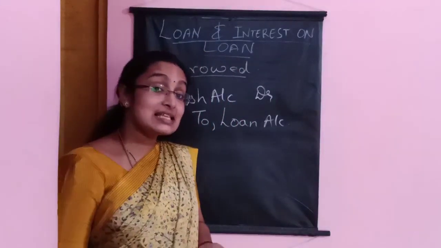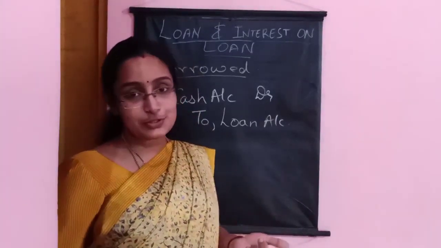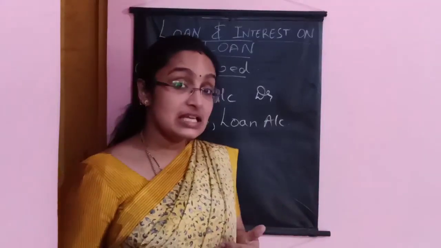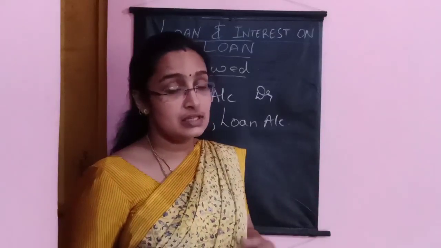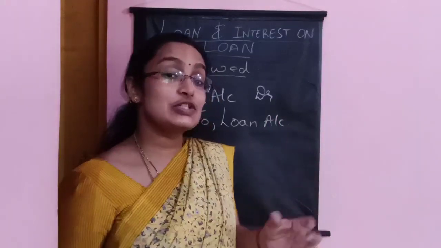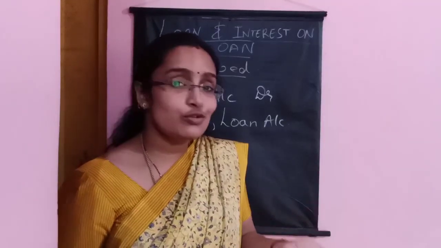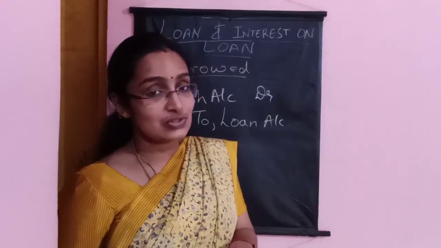Now as we have borrowed the loan, we have to pay the interest to the person or the entity from whom we have taken the loan. So the interest becomes our expense, because of which the interest has to be debited, and we are giving it maybe through cash or through check. So that will be credited as the balance reduces.